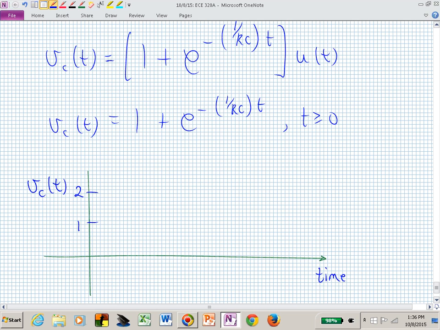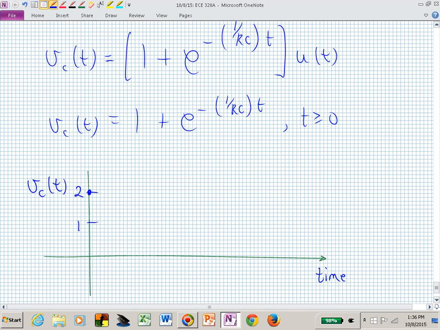Is it? If we evaluate that at t equals 0, we get 1 plus 1. Last time I checked, that was 2, wasn't it? We're not in that digital logic class where we always have to go 1 and 0, 1 and 0. Where am I? 2. Right there. Now, where do we eventually end up?